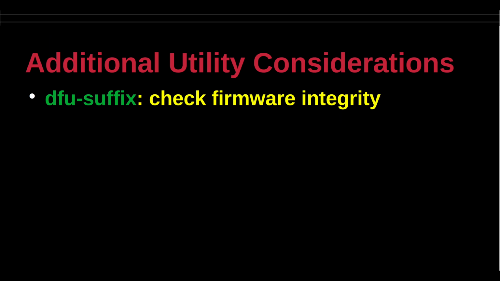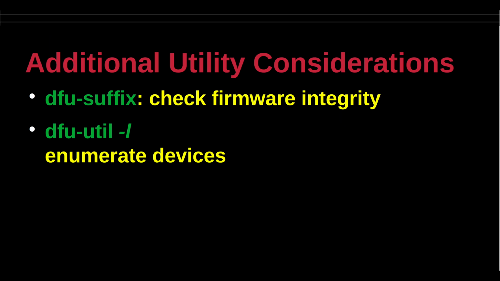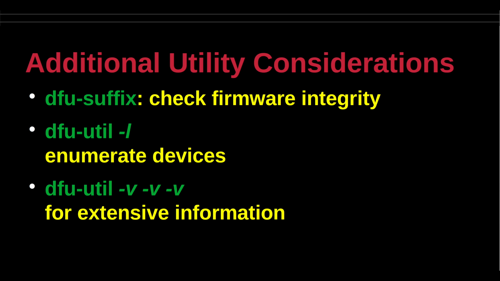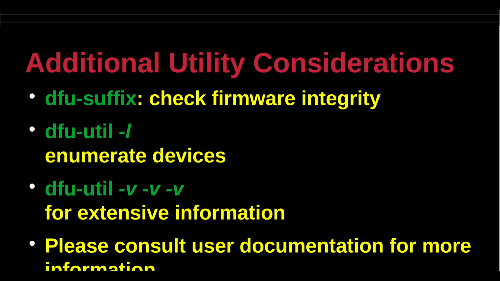There are some additional utilities that merit consideration. These utilities provide greater insight into the operations and may be helpful during debugging. dfu-suffix provides some basic information on the firmware file that will be flashed to the GIGA board. dfu-util has some parameters that provide information rather than flash firmware.